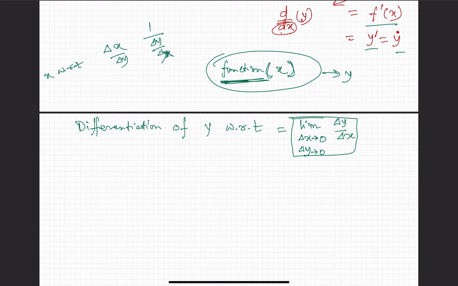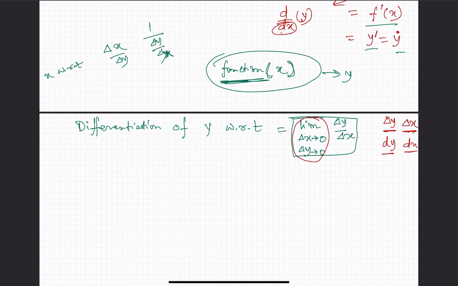This limit is absolutely necessary. Without this limit, del y can take any value, del x can take any value. So del y and del x are not themselves denoting infinitesimally small values, but dy means that the change in y is very small, and dx means the change in x is very small.